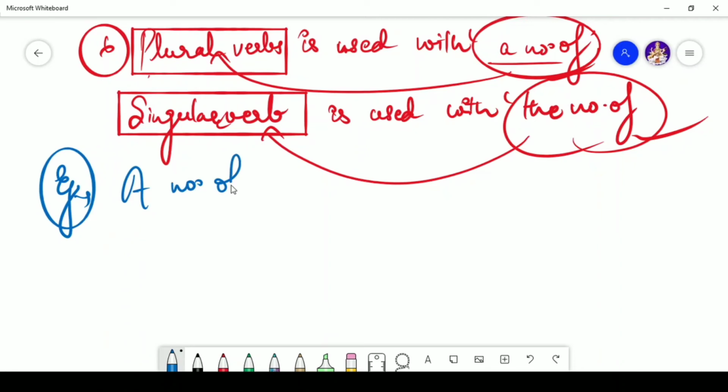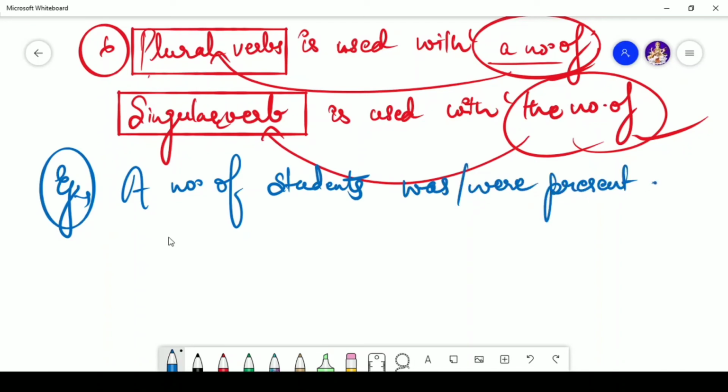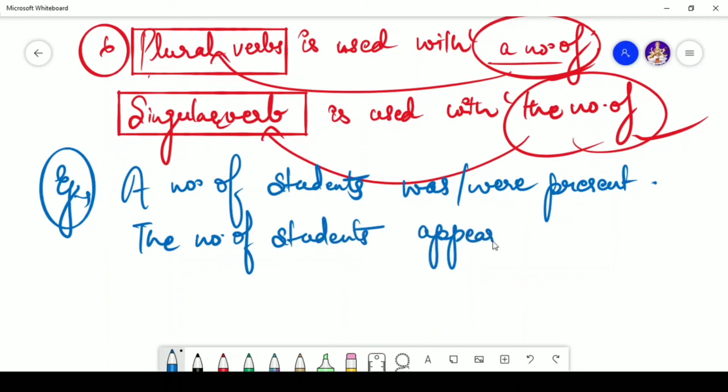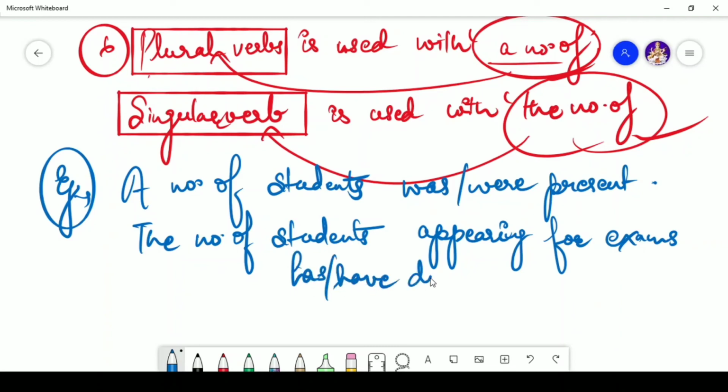Now let's say for example, a number of students was or were present. Try identifying the correct one. Or, the number of students appearing for exams has or have decreased.